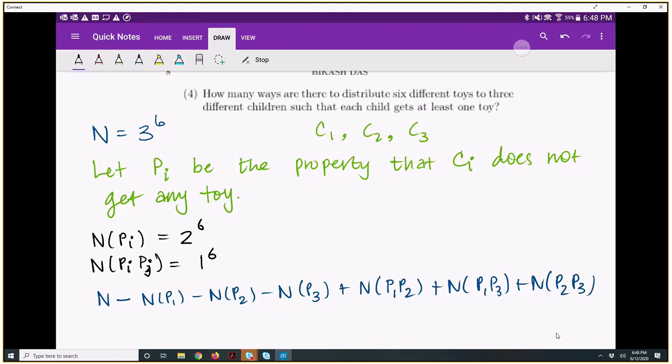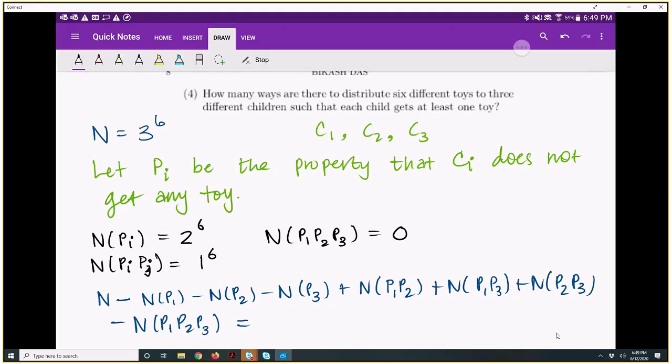And in fact, there is one thing I left out: how about if none of the children get any toys? Then we didn't distribute the toys, so that can't happen. So that's 0. And we would subtract n of P sub 1, P sub 2, P sub 3, but as I said, it is going to be 0.